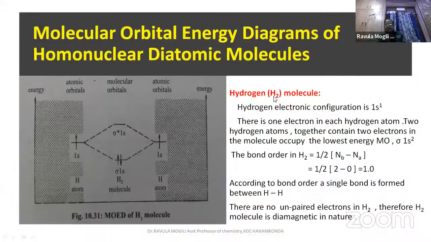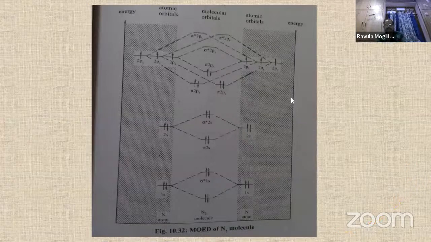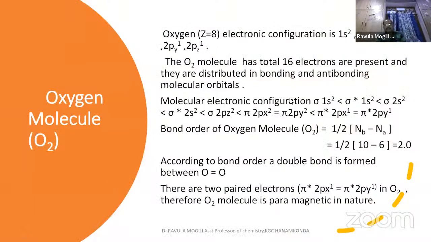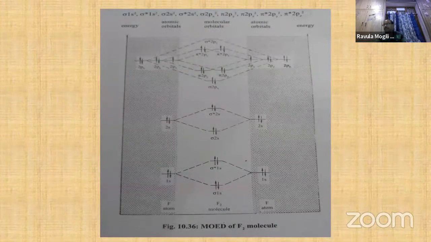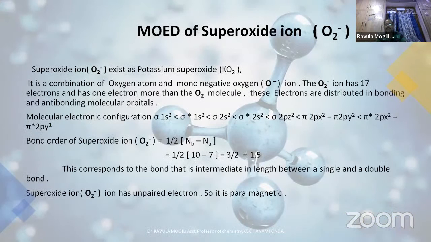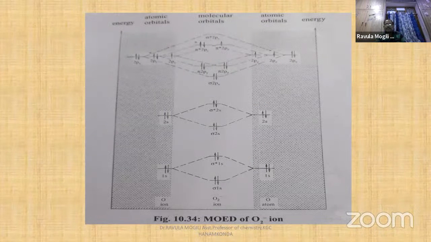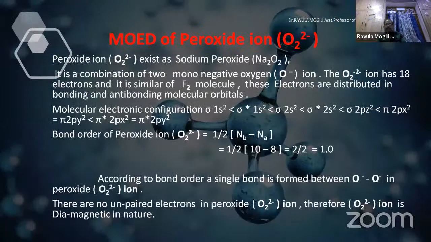You see here, all of these are molecules discussed earlier. Next one, this is superoxide O2 minus. This is for peroxide ion.